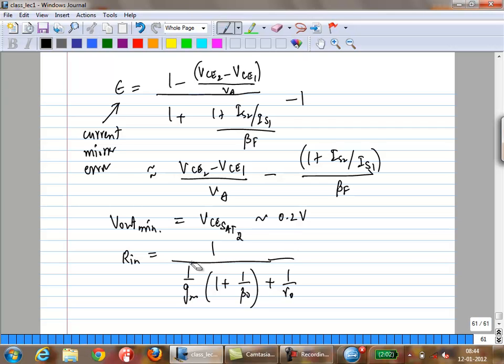You can show that it's just a diode connected transistor, approximately 1 over gm. What is R out? Just r_o2.